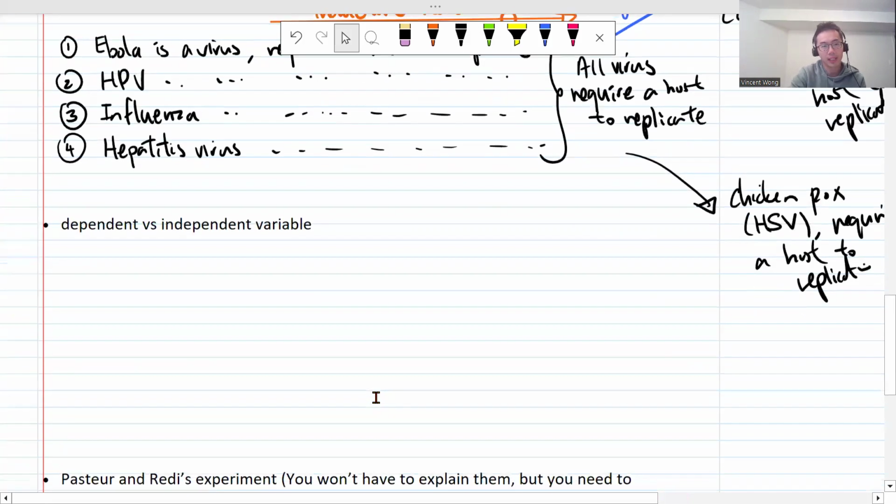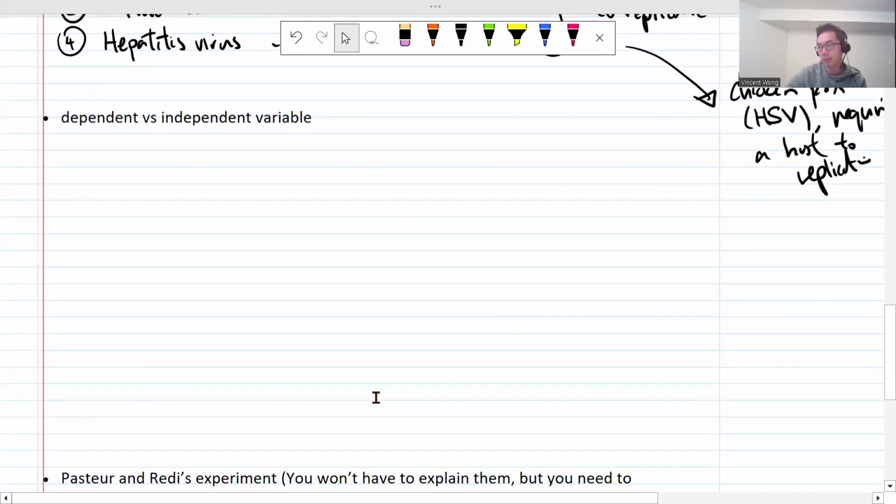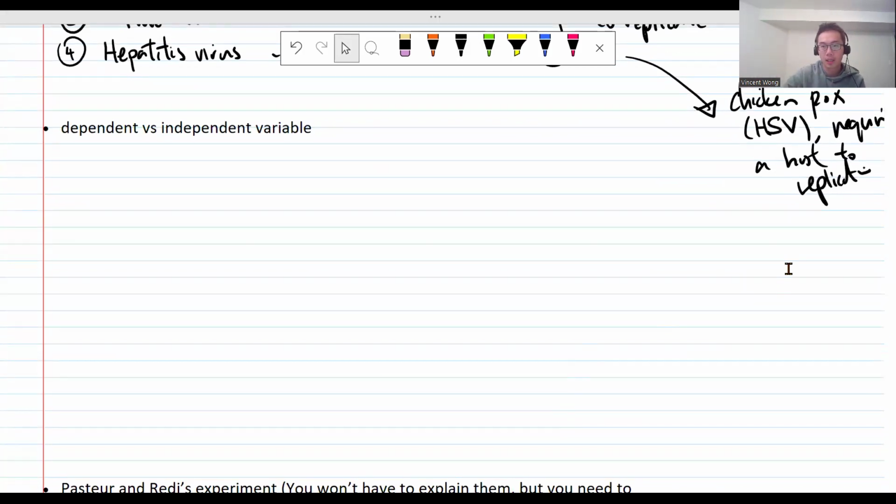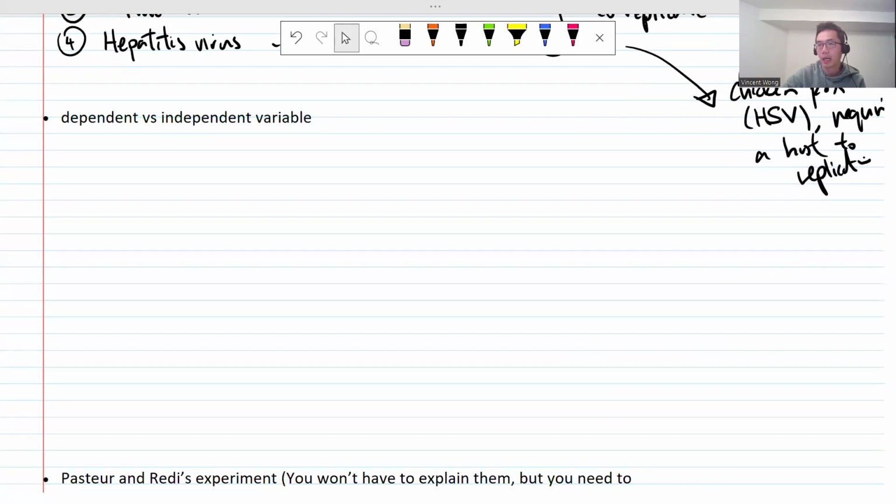Moving on, we have the dependent and independent variable. Now, we did a lot of different case studies in class. We talked about the plants, we talked about the cows and the milk yield.